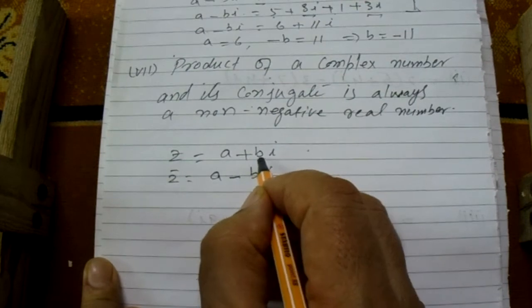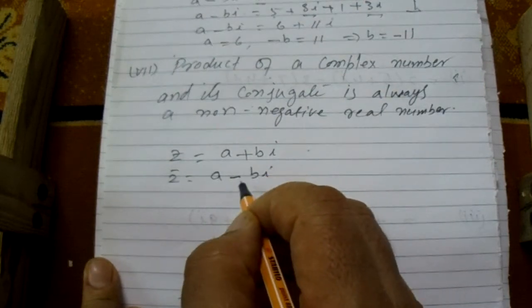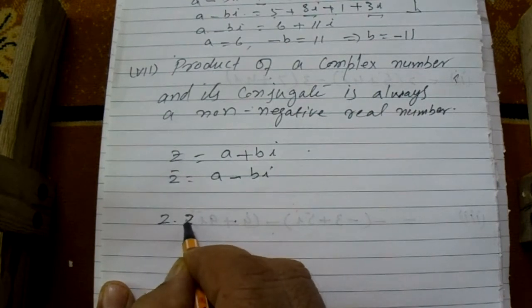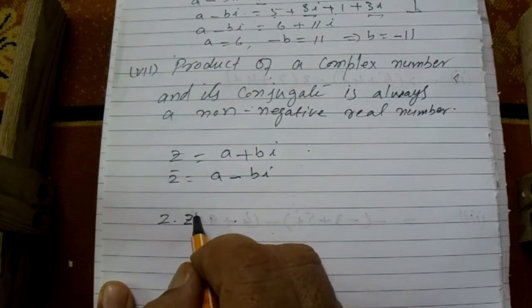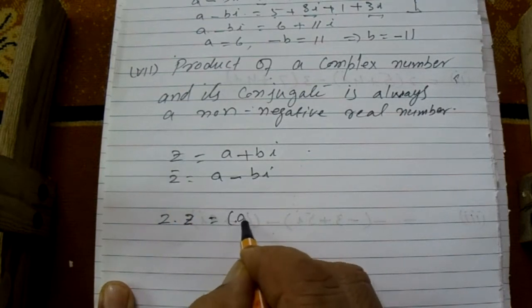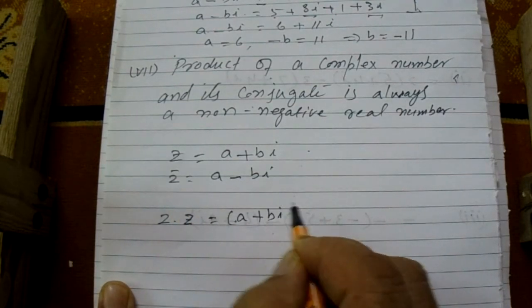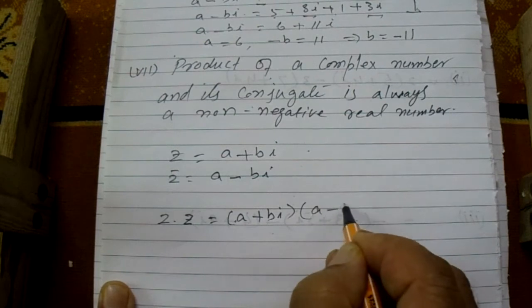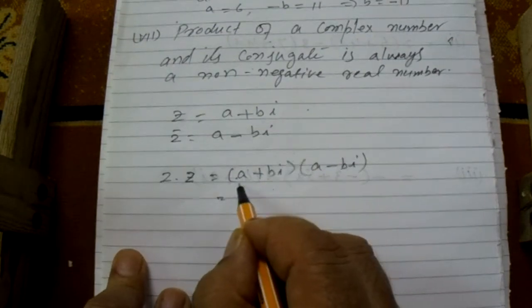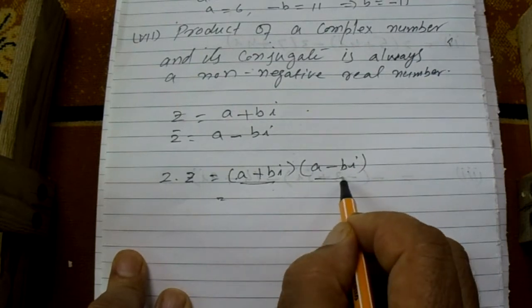Now we change only the sign of the iota. This is plus, we write here minus. You write z into z bar. Now the product, you will multiply z by z bar is equal to a plus b iota into a minus b iota.